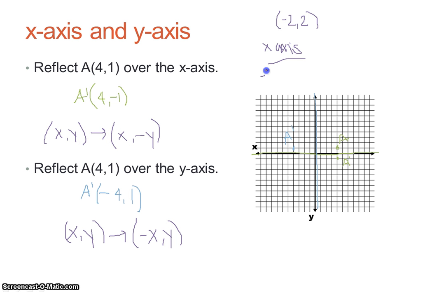So it would become negative 2, and then our 2 would become negative 2, opposite. Alright, if we wanted to reflect it over the y-axis, our negative 2 would be opposite because we would go from xy to negative x, y. So it would be 2, and then our y would stay the same.